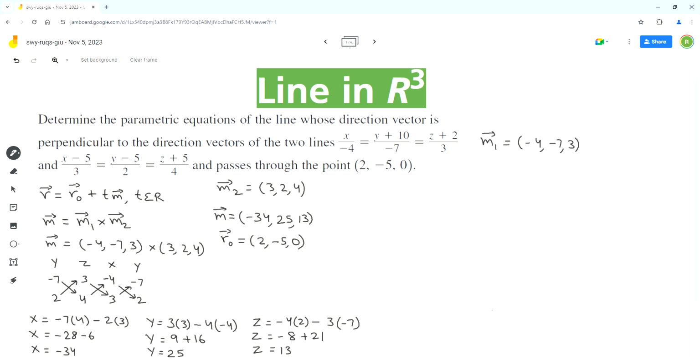Now we can write the vector equation of the line. Next, we can break up this vector equation into parametric equations. For that, we'll have to use an unknown point (x, y, z) that lies on this line.